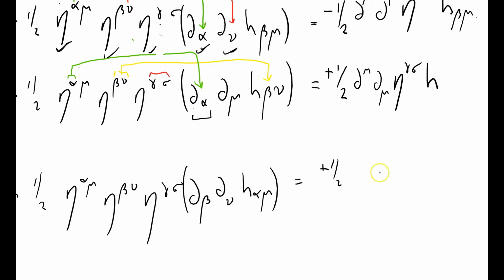Plus 1/2, and we're going to apply the same trick here. I'll use some better colours. Let's try green. Alpha and mu, aha, that one and that one are the same. So we've got the same story here. We're looking at the trace of h, which is there. We've got eta gamma sigma on its own, which is this one here. And I'm going to apply the same trick.